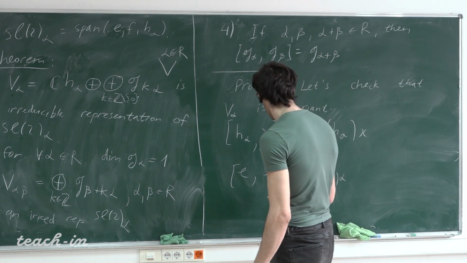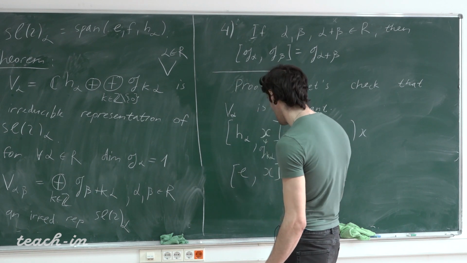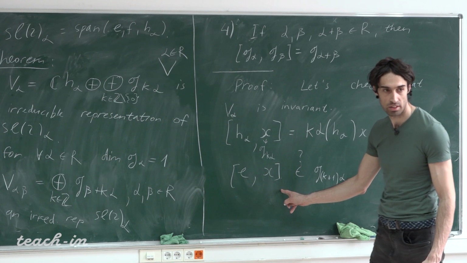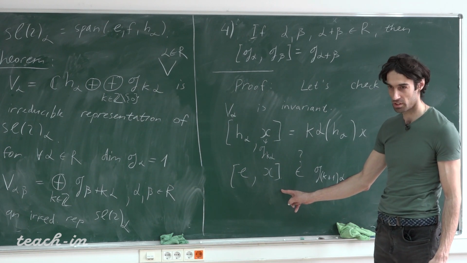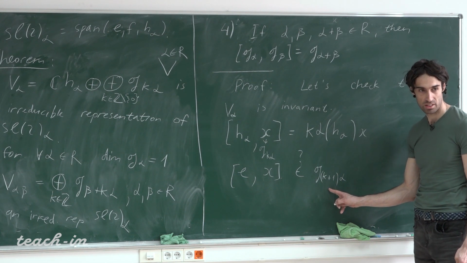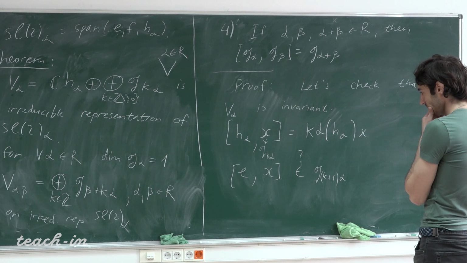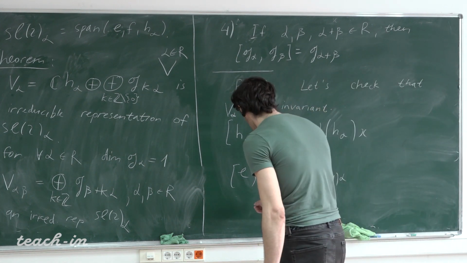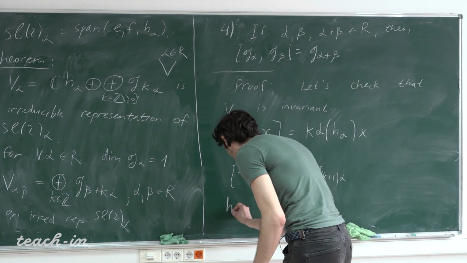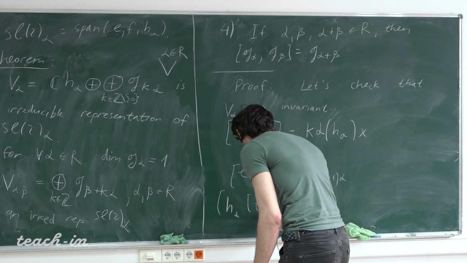It means that I would like to take H alpha and act on this element, and the corresponding eigenvalue will be given by the subscript. Okay, so if I act by H alpha, I will need to compute this.